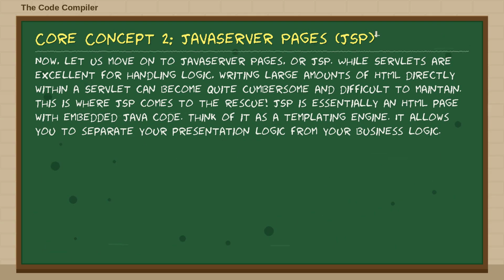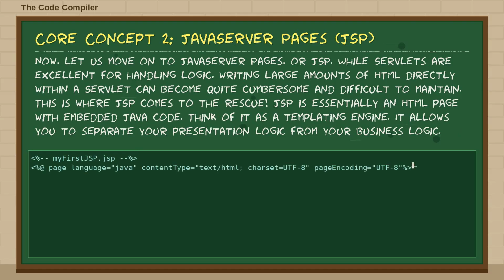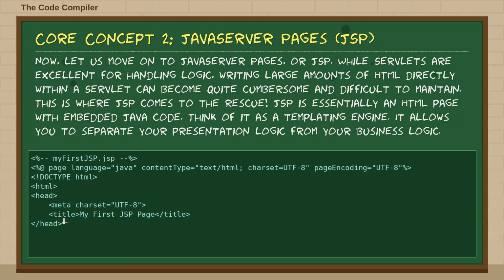JSP uses special tags like scriptlets, <% %>, for Java code, expressions, <%= %>, for displaying values, and declarations, <%! %>, for class-level members. It is perfect for creating dynamic user interfaces. Here is a simple JSP example.